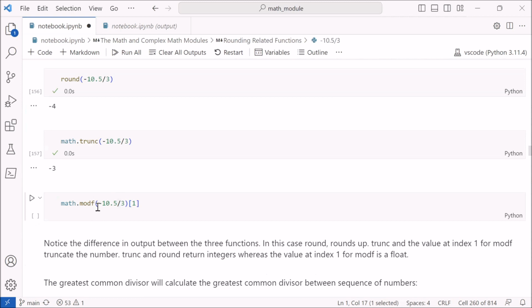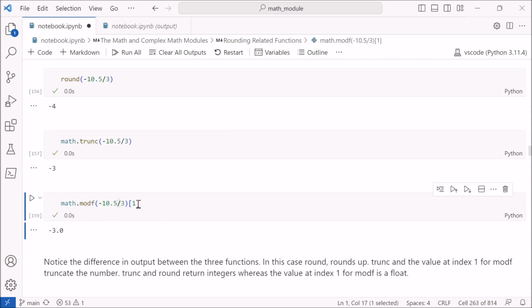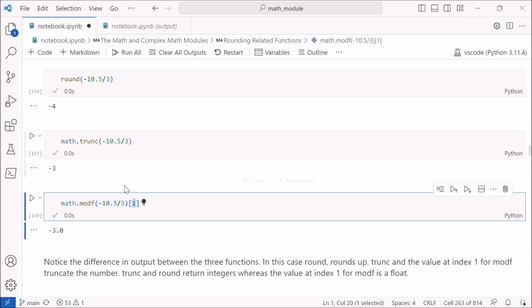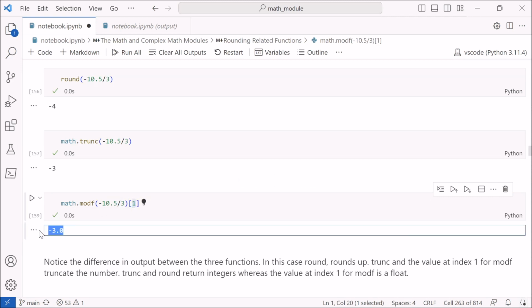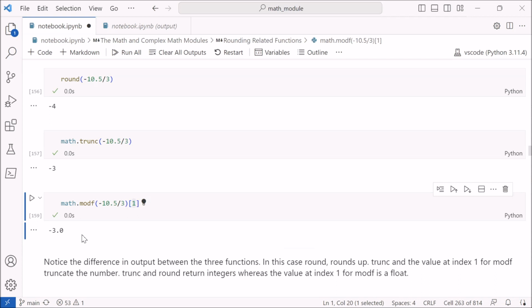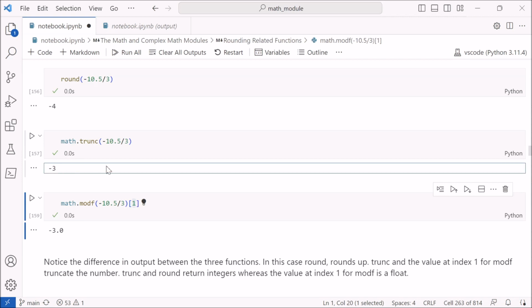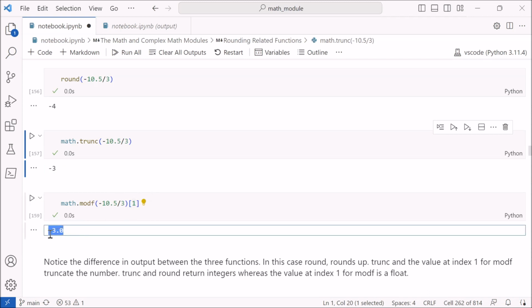And if we have a look at math.modf, and we look at index 1, which is the second value in the tuple, we get minus 3.0. So notice the differences here. Here you truncated the value and you've chopped off everything past the decimal point. Here you've rounded it to the nearest number, which is minus 4. And here you've got the integer component, although this is expressed as a floating point number.